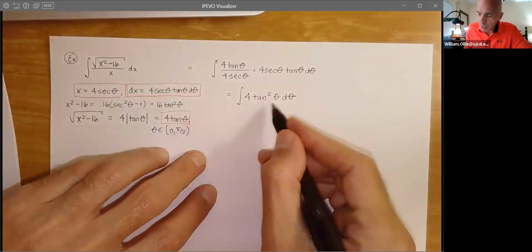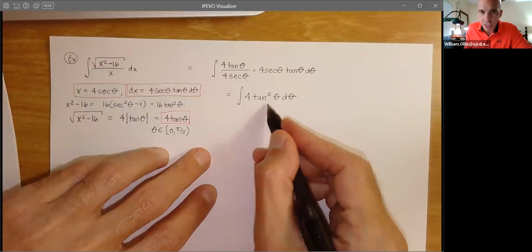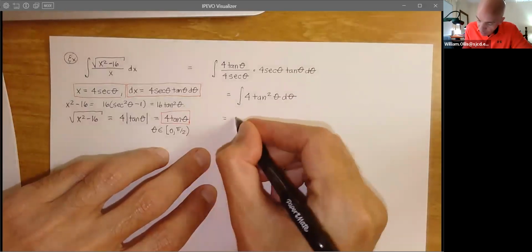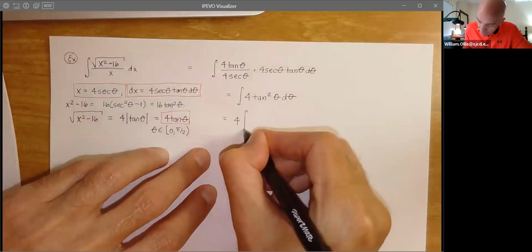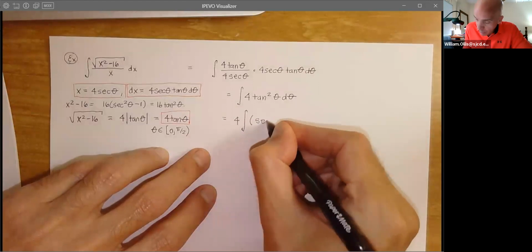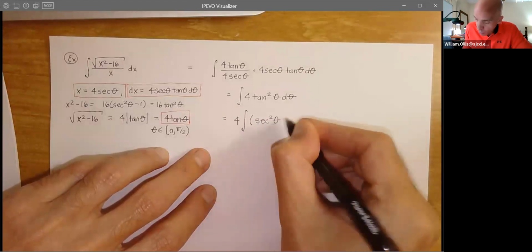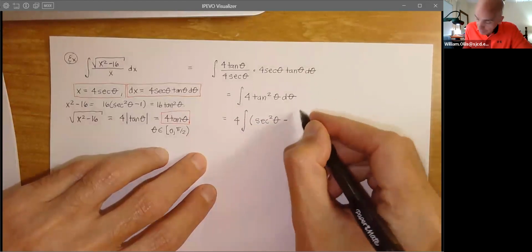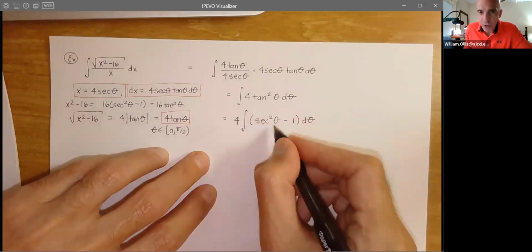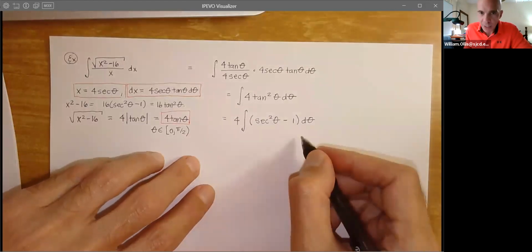So now when we look at this, we're thinking, okay, this is just the Pythagorean identity. So let's go ahead and rewrite it. So we're going to get a 4 times secant squared theta minus 1. So we use the Pythagorean identity, so we have simple integrals.